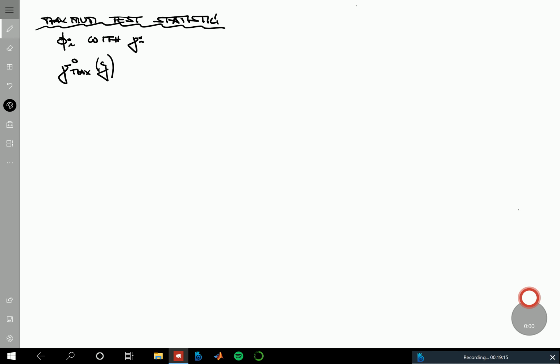Of course it depends on the data, so it's a function of the data, and it corresponds to the maximum over all the tests where the null hypothesis holds of the individual test statistics. This is what this small 0 here should mean.